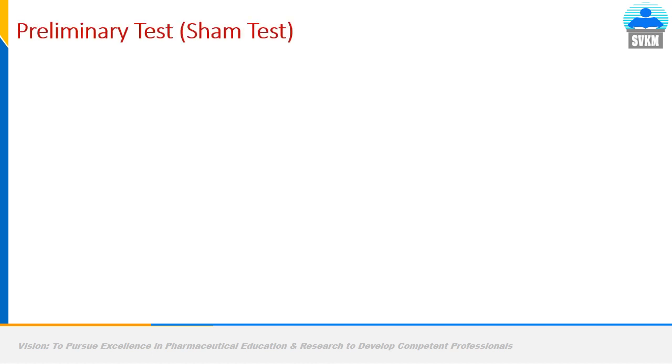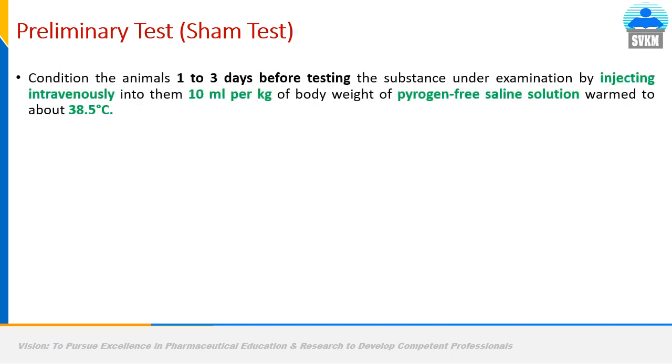The pyrogen test is carried out in 2 stages. First is the preliminary test, which is also referred to as the sham test, and the other is the main test. In the preliminary or sham test, we condition the animals for about 1 to 3 days before going for testing of the actual substance under examination.